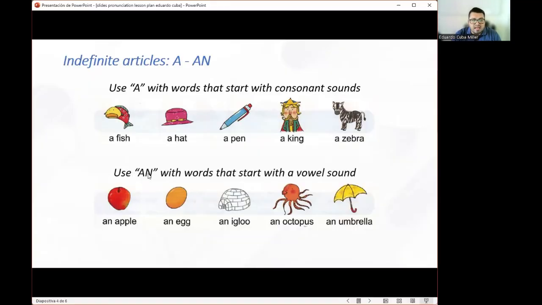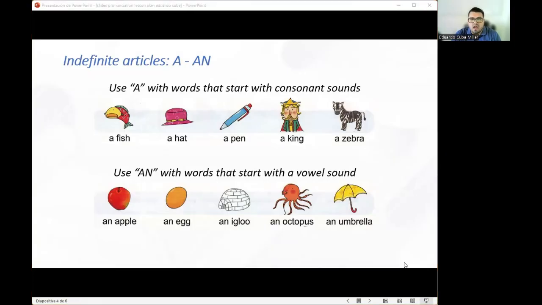And use an with words that start with a vowel sound. Like, for example, an apple, an egg, an igloo, an octopus, an umbrella. Very good job, guys.